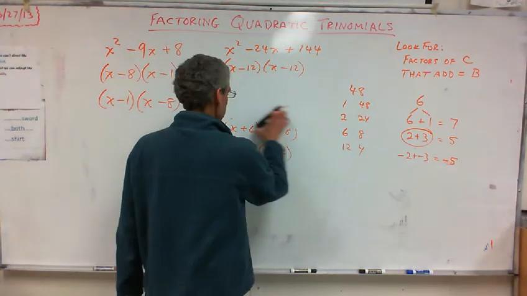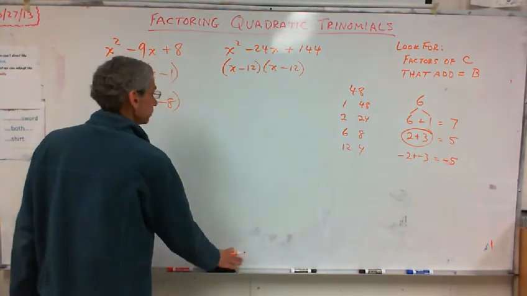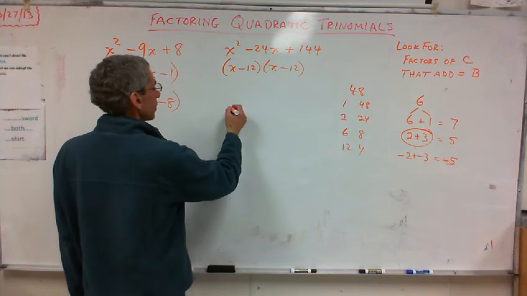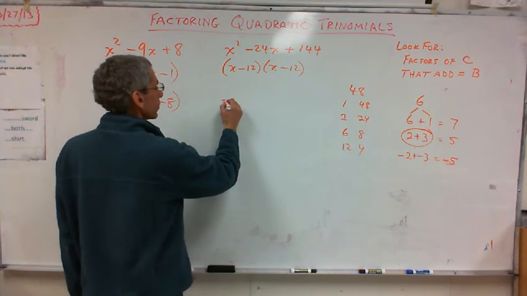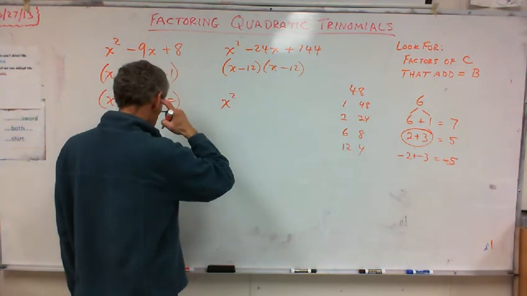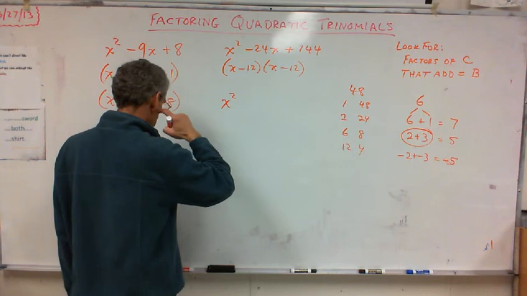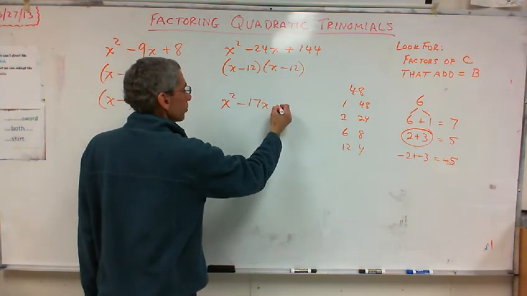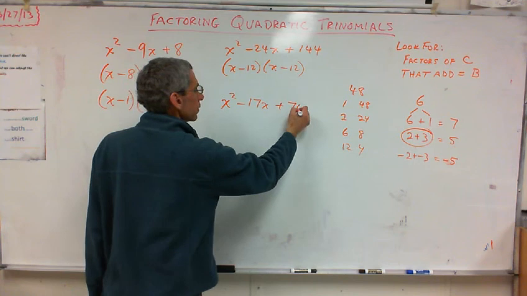Exactly. Okay, how about this one? x squared minus 17x plus 70.